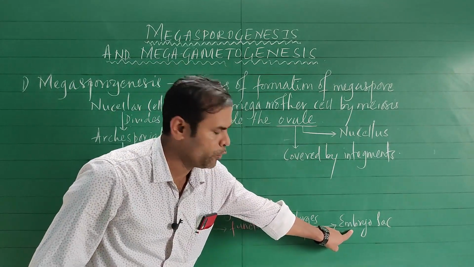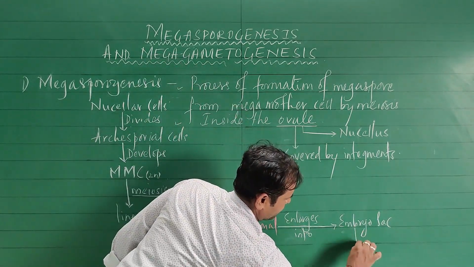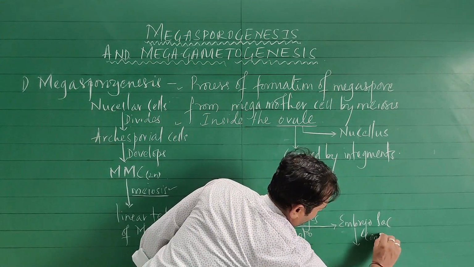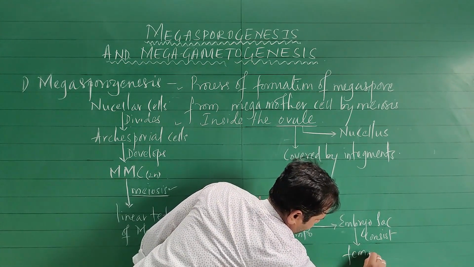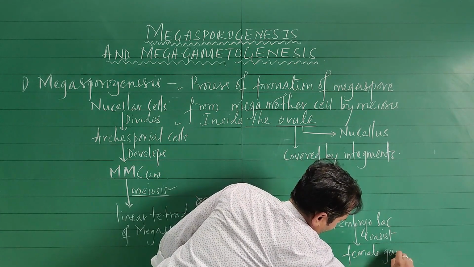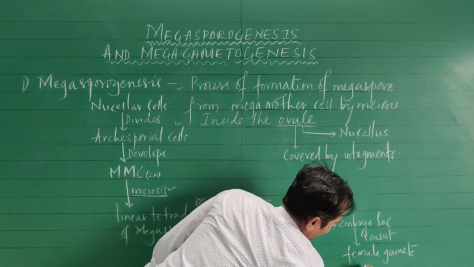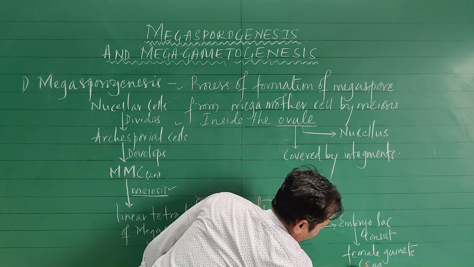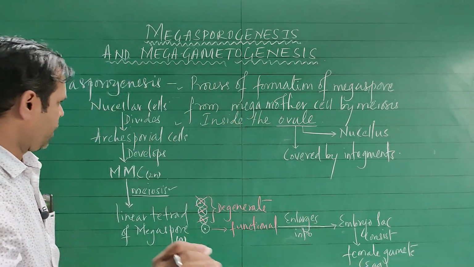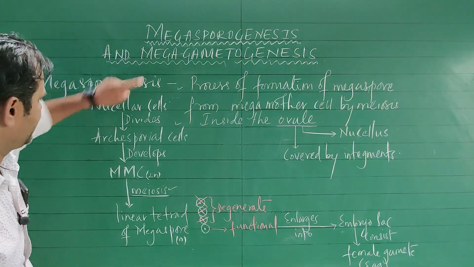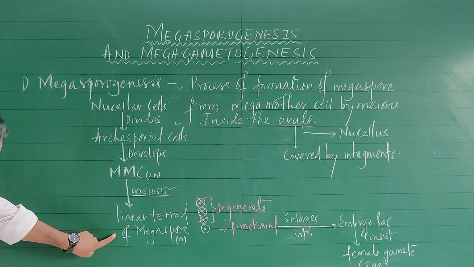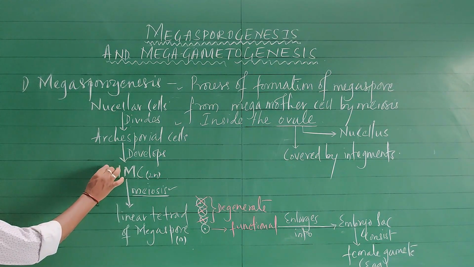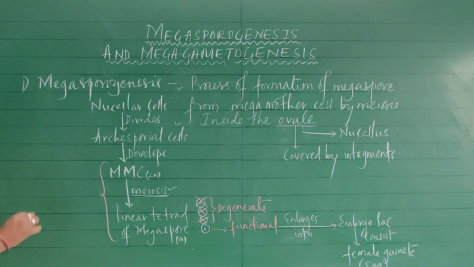And this embryo sac consists of female gamete or egg. Now, megasporogenesis is formation of megaspore from the megaspore mother cell. This is megasporogenesis.